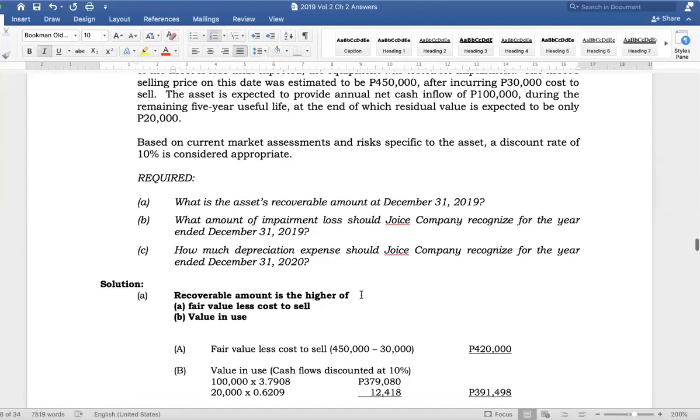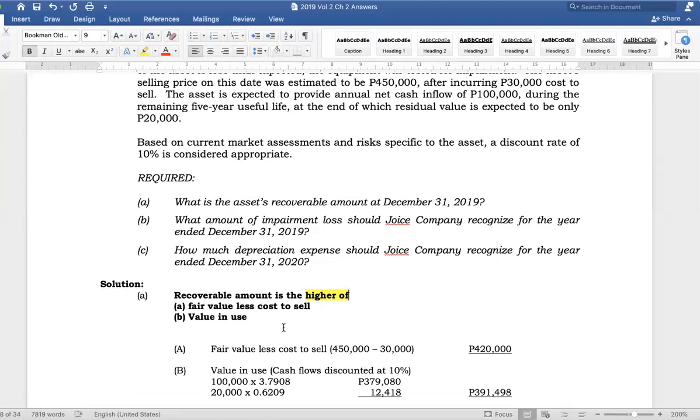Okay, so what is the asset's recoverable amount at December 31, 2019? So the recoverable amount is the higher between these two values. That is fair value less cost to sell for the asset and then value in use. Why do we have to choose the higher between the two?